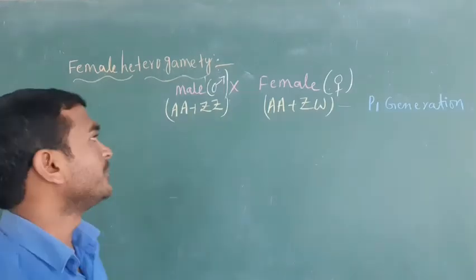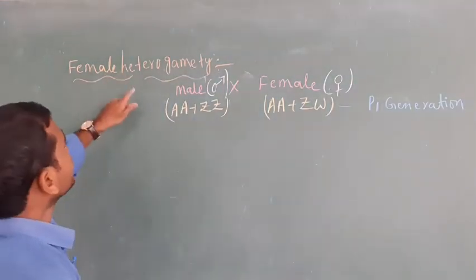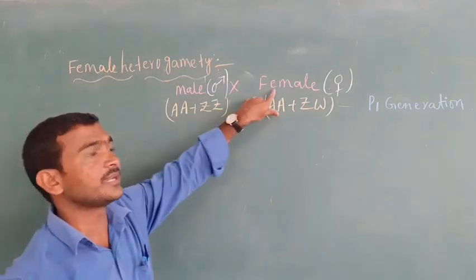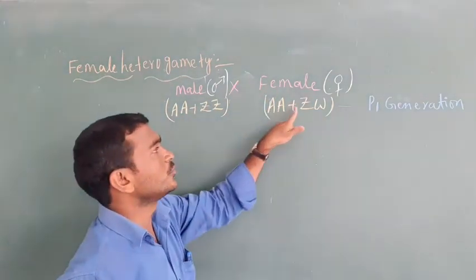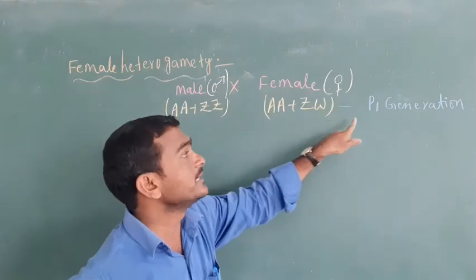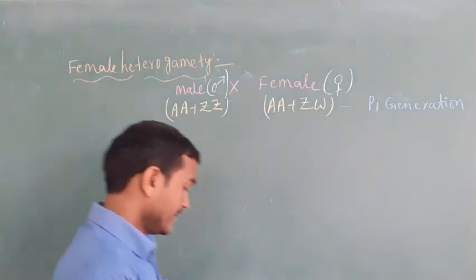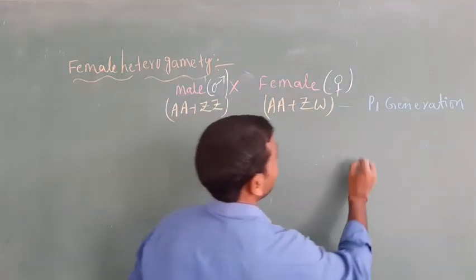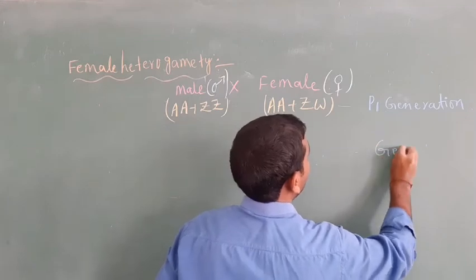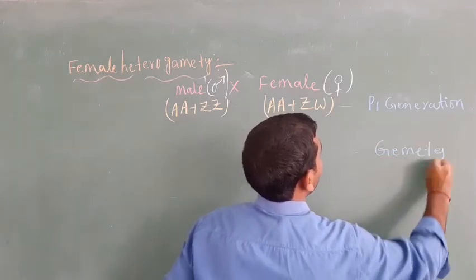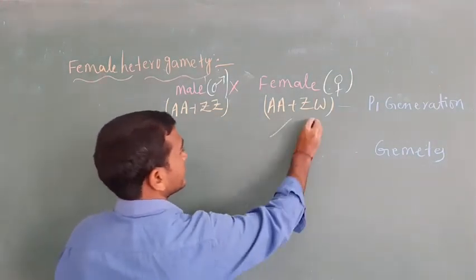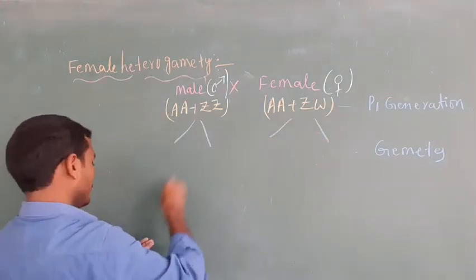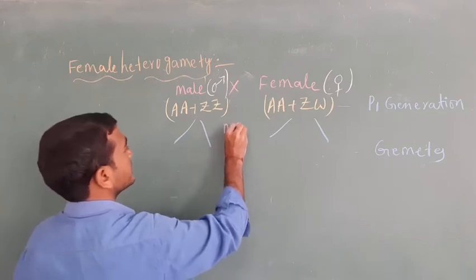In female heterogamety, now we can take the sex determination. You can take the male and female. The male is autosomes plus ZZ. The female is autosomes plus ZW. This is the P1 generation. After that, next is gamete formation, or gametogenesis. Here in both, there is meiosis.